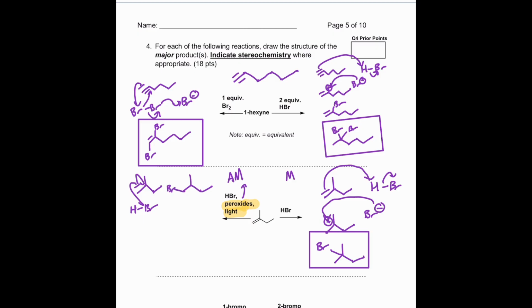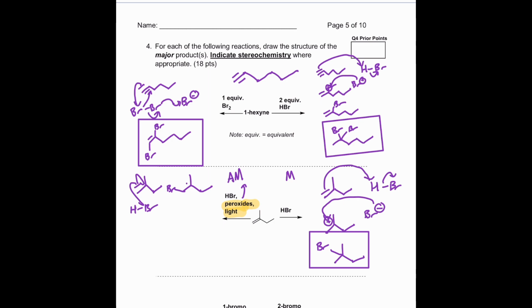Our bromine is going to go to the anti-Markovnikov position, and then we're going to have our radical. Sorry, I was blanking.